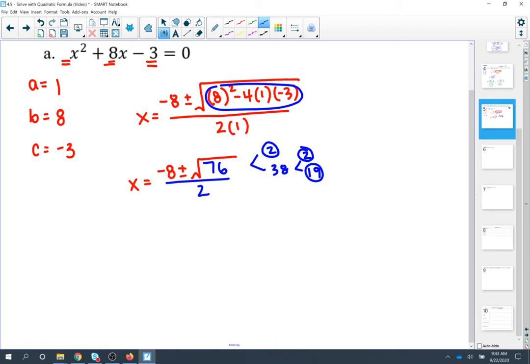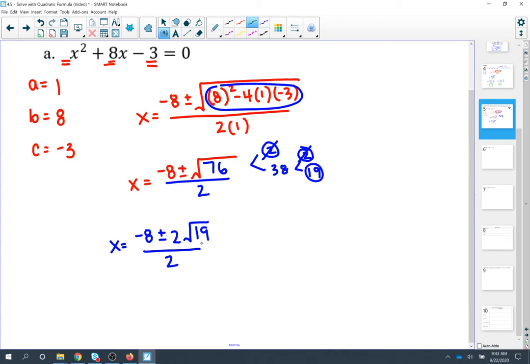So now I'm going to have x equals negative 8 plus or minus 2 is going to get out of jail. Then 19 is going to stay in jail. So that's 2 times the square root of 19 all over 2. At this point in time, because this does not come out nicely, all I'm going to do is simplify everything by 2.